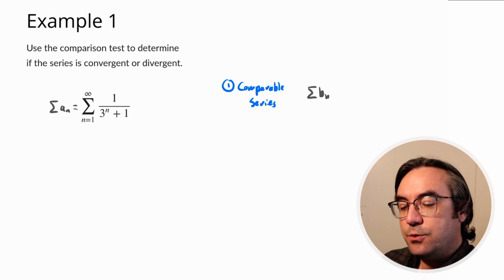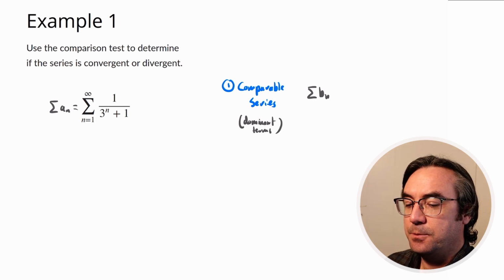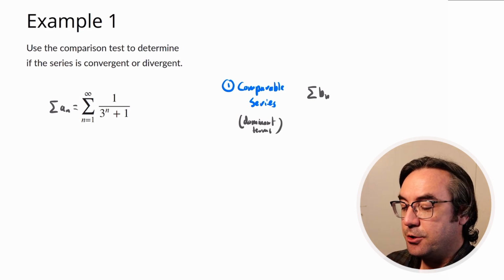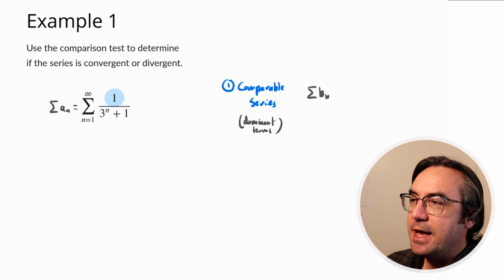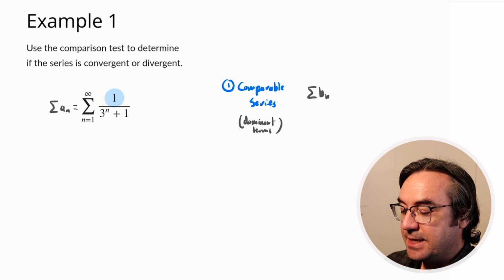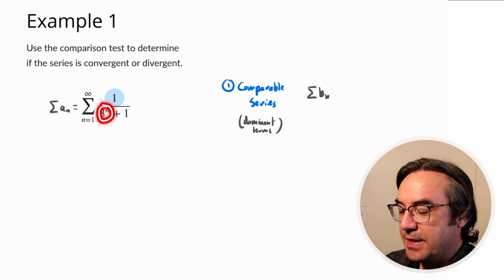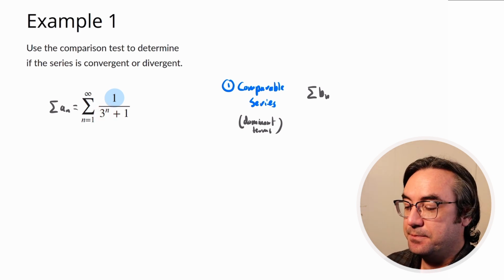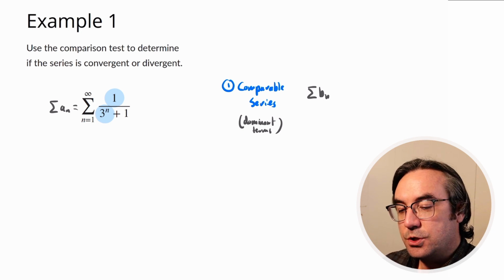Well, we use the dominant terms that show up in our fraction. So we pick out the dominant term in the numerator, which, well, there's only one, so it's going to be 1. And then we pick out the dominant term in the denominator. So as n gets really big, which term kind of takes over the show? And that's going to be this exponential term. So that's the one that takes over. So we're just going to use those.